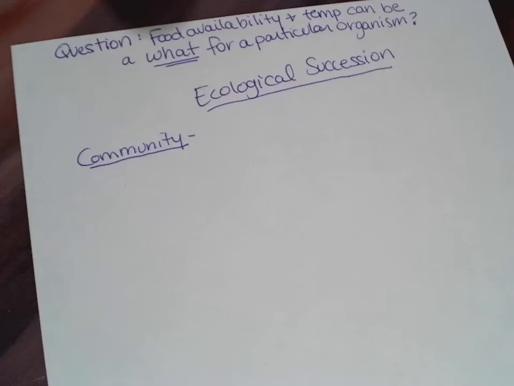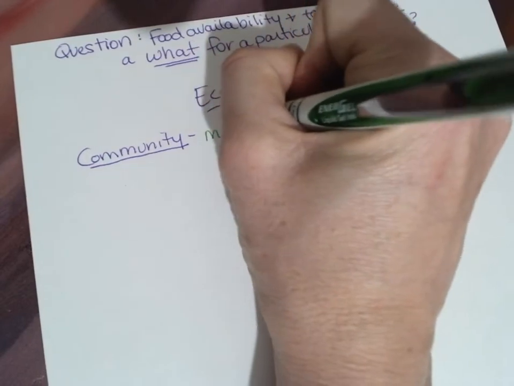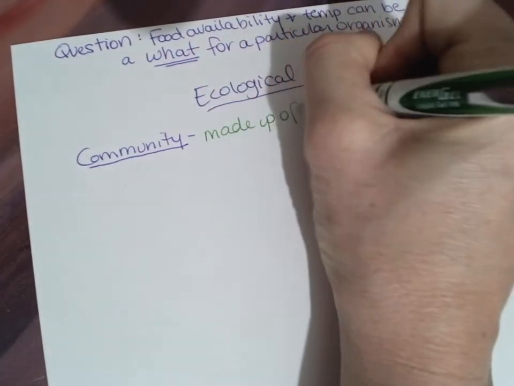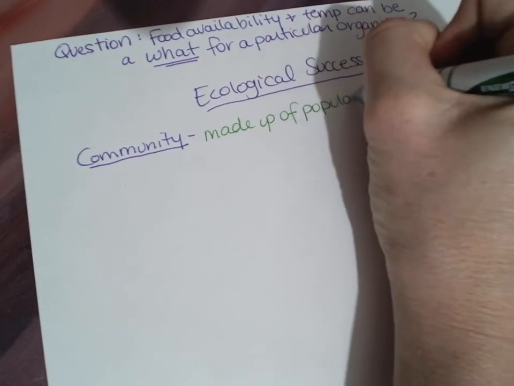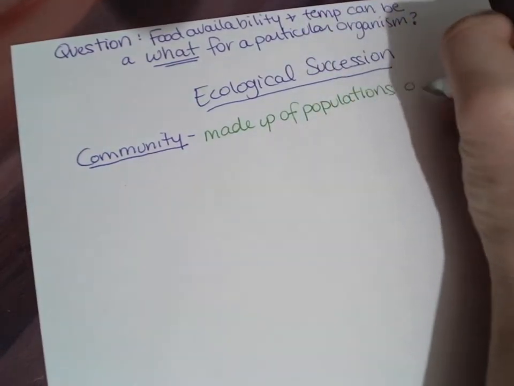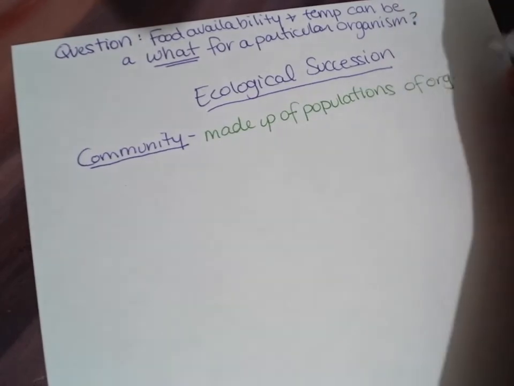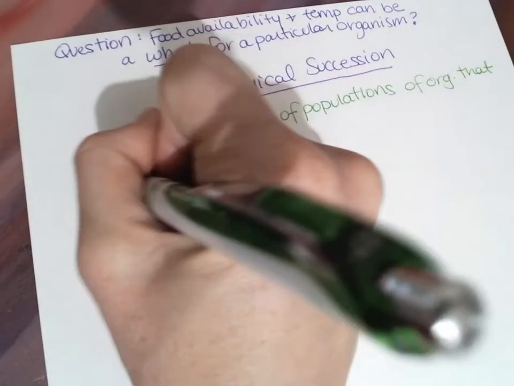But today we're going to talk about the science version of that. Community is made up of the populations of organisms that live in a common area.